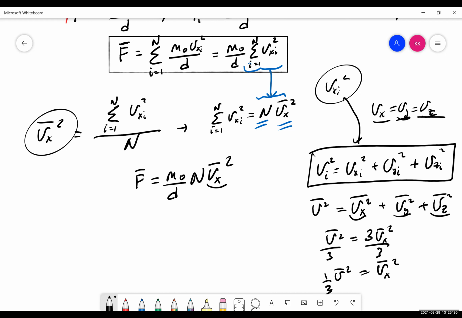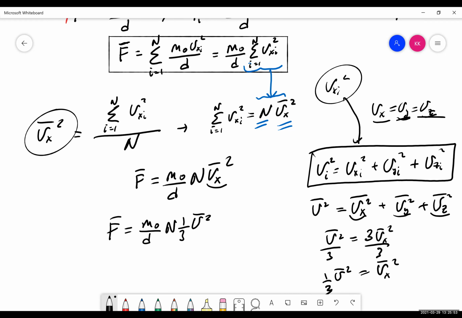Again, more generalizing. Then F average equals particle mass over distance, then N times 1/3 of V average square. Again, it's not horizontal or vertical, but the total velocity vector. All right, so I have this.